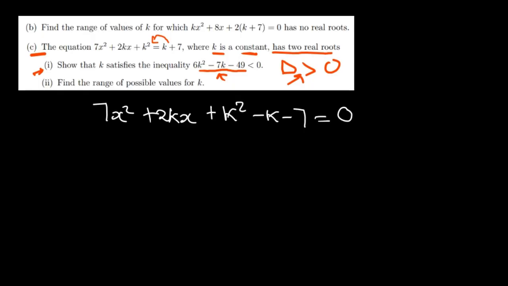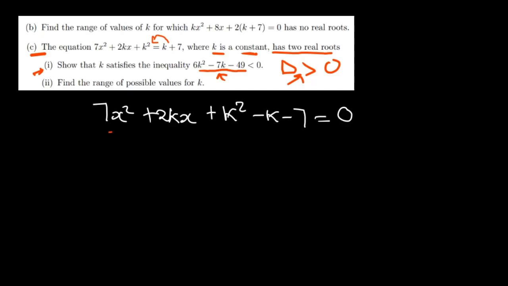So let's write the equation down: 7x squared plus 2kx plus k squared. I'm going to move the k and the plus 7 to the left hand side, so we have minus k minus 7 equals 0.